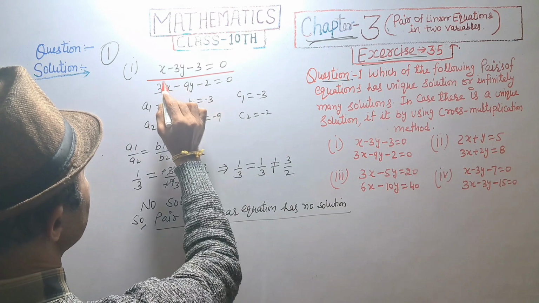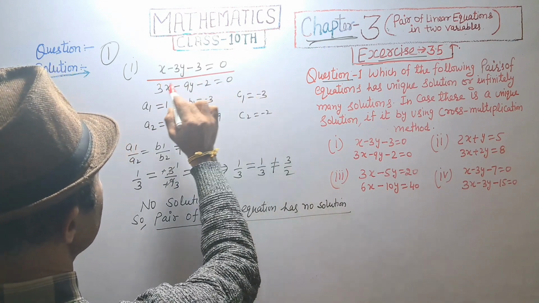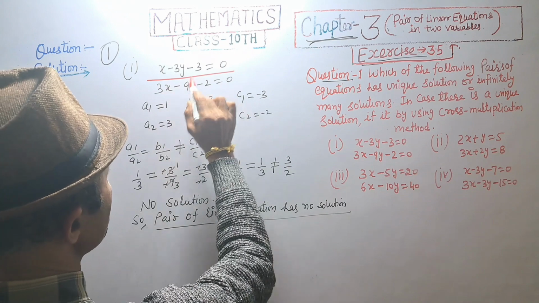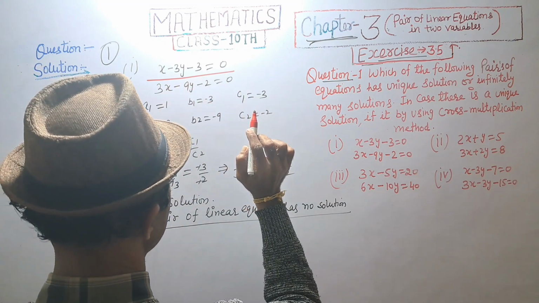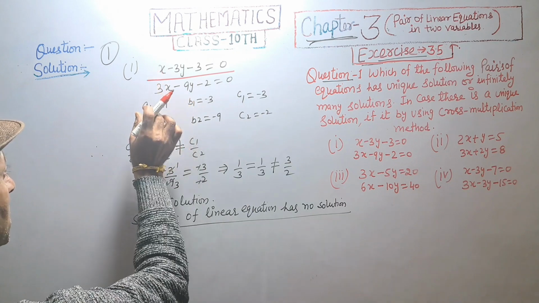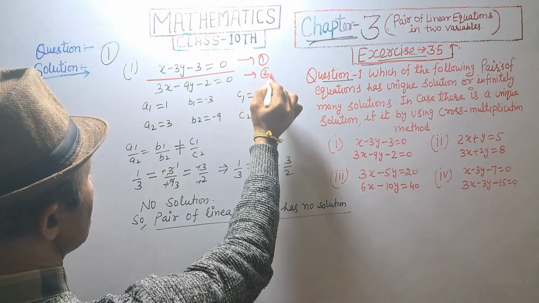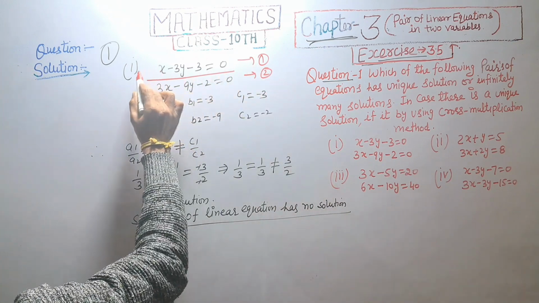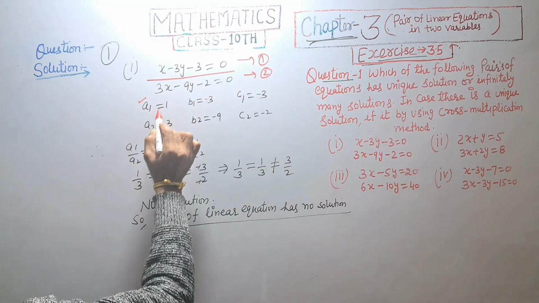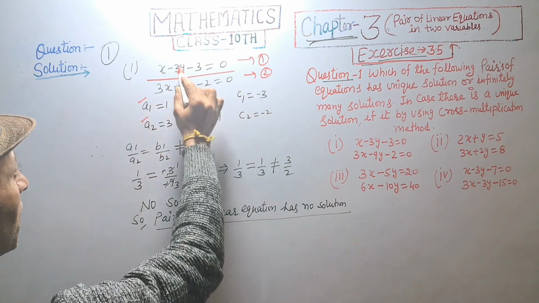It's given equation x minus 3y minus 3 equal to 0 and 3x minus 9y minus 2 equal to 0, second equation. In first equation, coefficient of x is called a1, and in second equation, coefficient of x is equal to a2.